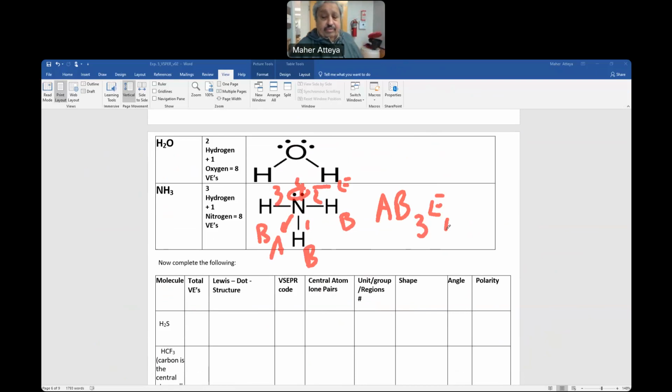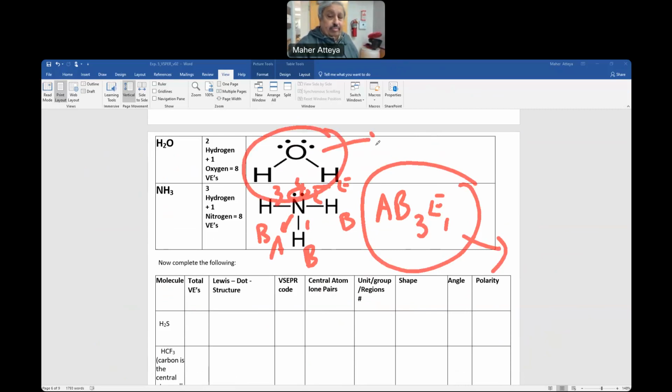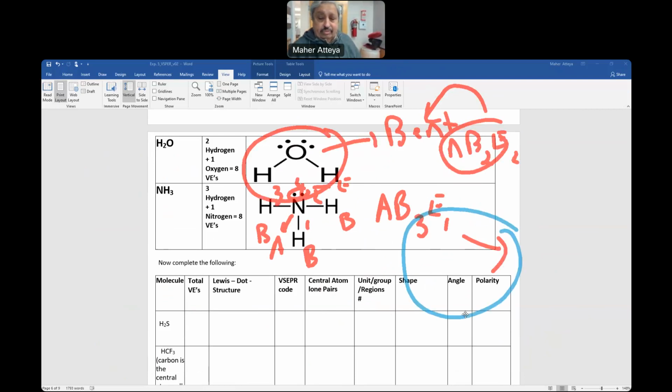So this one here, we did not say this one will be bent, by the way. Bent is when you have AB2E2. Here, the shape will not be bent. The shape will be called trigonal pyramidal.